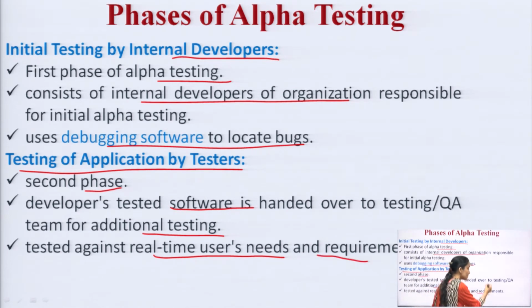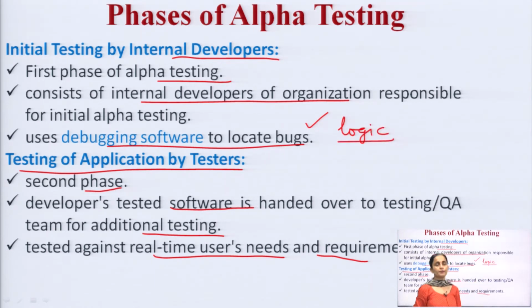In the first phase, we have checked the logic, the internal working of the code written by the developer, so as to know the behavior of the program or the software written. Once that is verified and it is working properly, let us focus on the user's needs and requirements now.